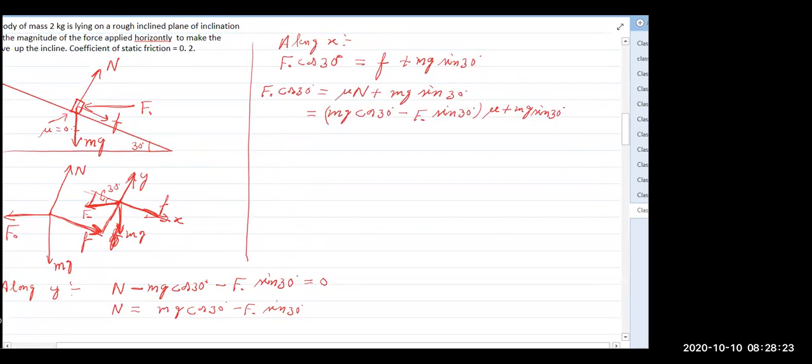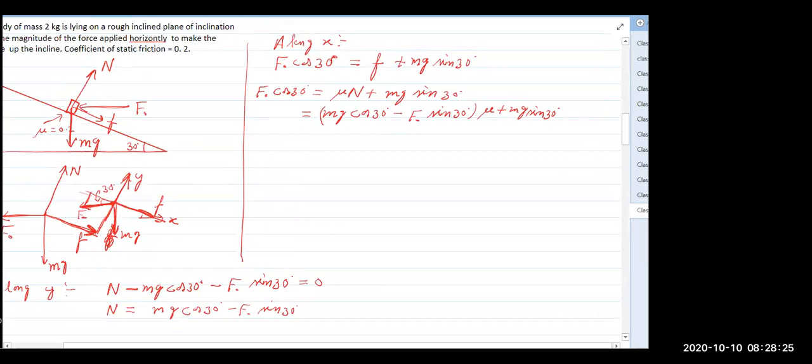We can write it like this. Okay, so f naught we can take together. It will be f naught cos 30 plus f naught mu sin 30.